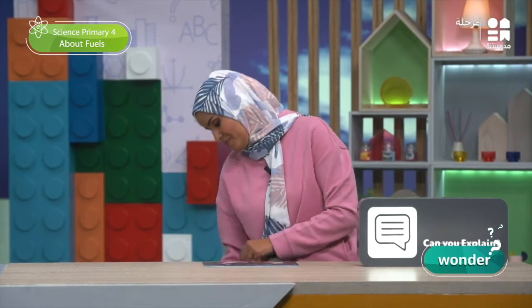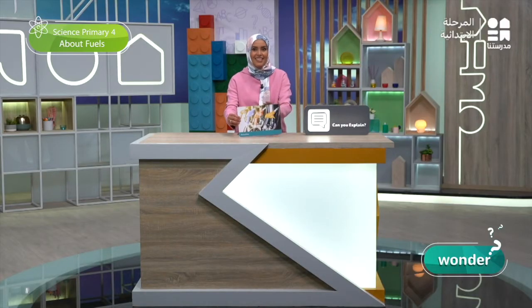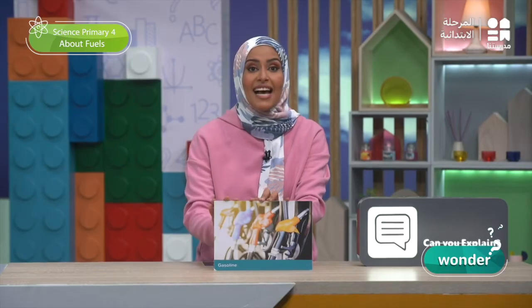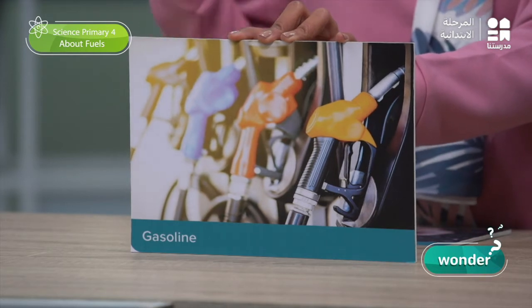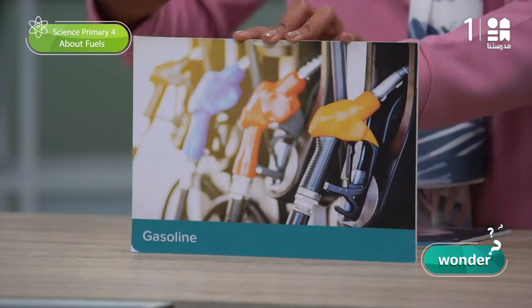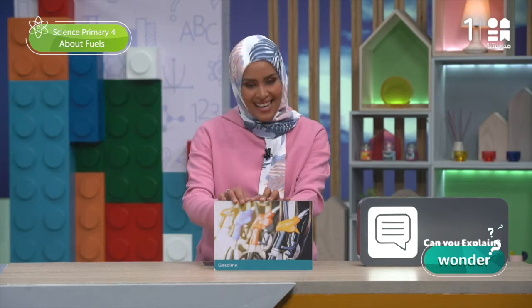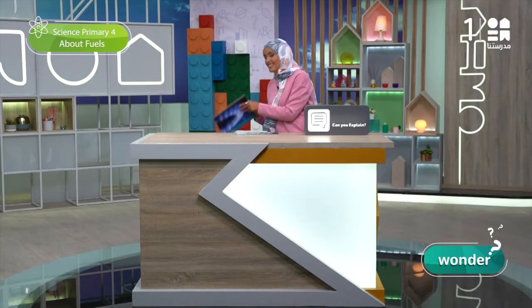Do you remember the name of this fuel? Yes, exactly. It's called gasoline. Another type we use at home to power the cooker, the stove we cook on. Yes, it is the natural gas.